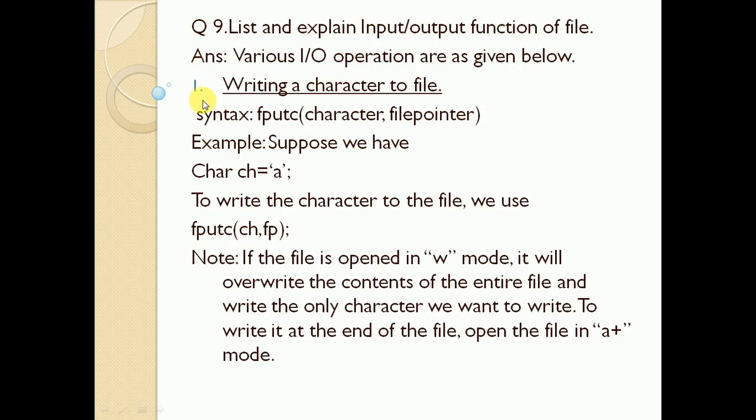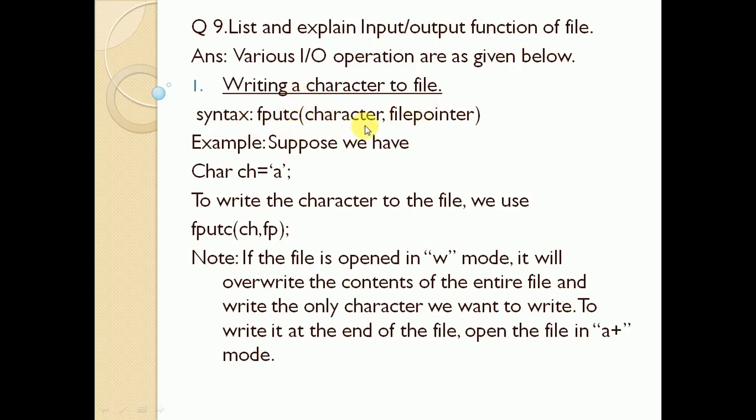The first function, or first operation, is writing a character to the file. Whenever you want to write a character to the file, the syntax is fputc. fputc is a function which writes a character. This fputc function takes 2 parameters.